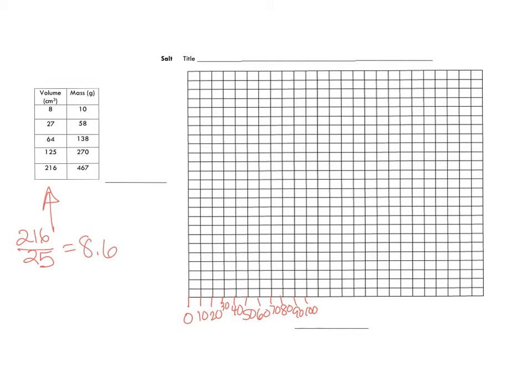Now, I can continue writing all those out, but sometimes it gets really jammed in there, so I'm going to go 110, 120, 130, and then 140, 150, 160, 170, 180, 200, 220, 240. So that's how I'm going to scale that, and I'm going to label my axis as volume, and the unit on it is cubic centimeters.